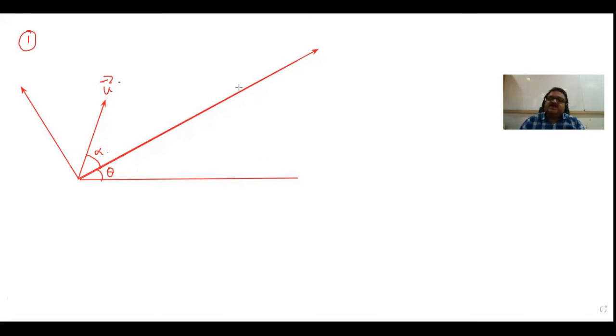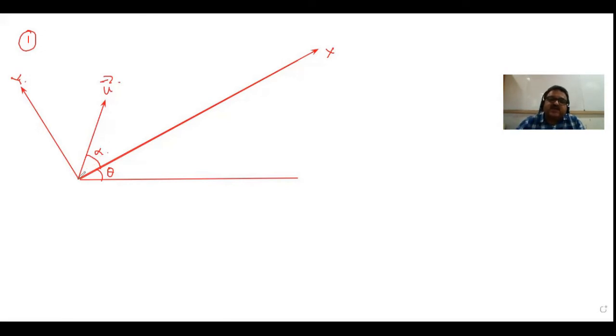That means inclining the axes by an angle theta. Only a little bit of change, the remaining thing is completely the same.